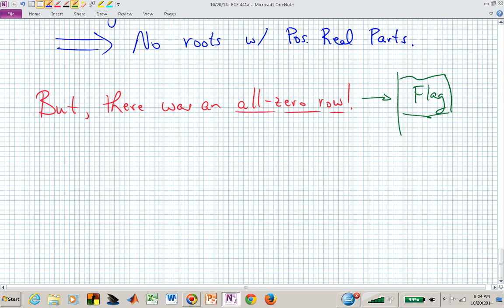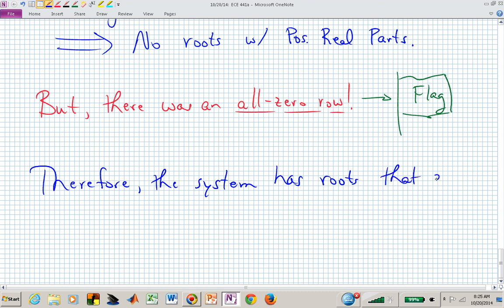What an all-zero row allows you to say is the following. Therefore, the system, or really the polynomial that we started with, has roots that are symmetric with respect to the origin.